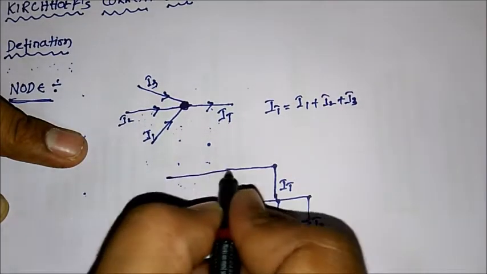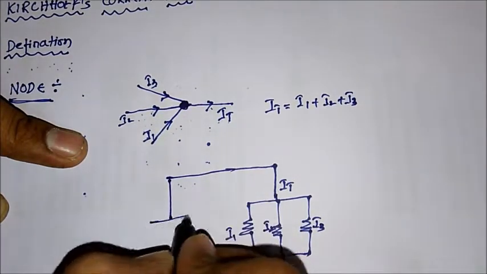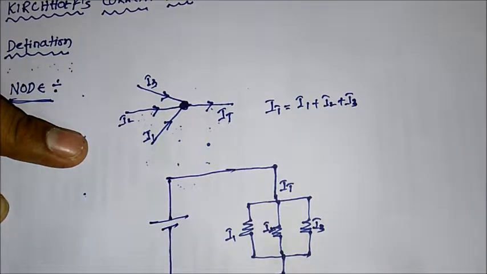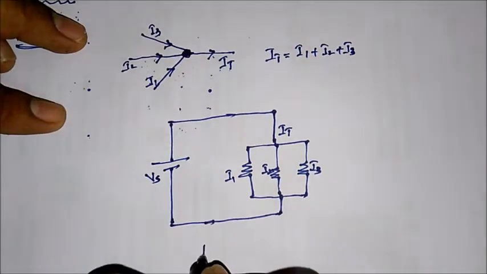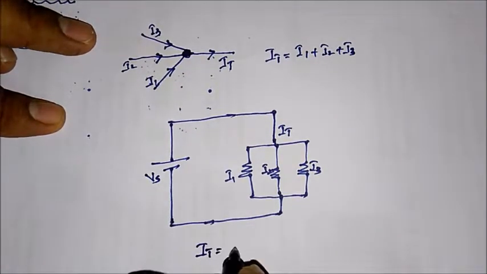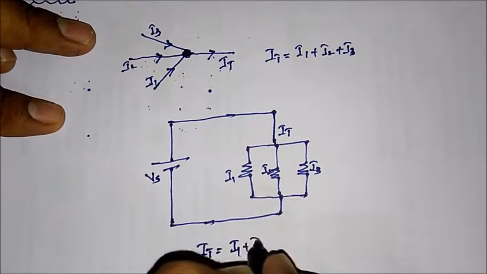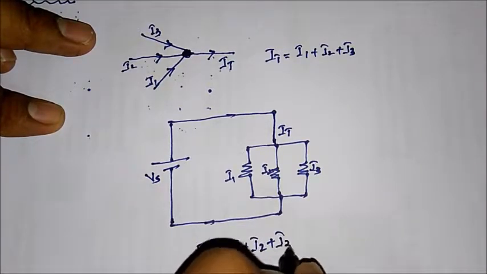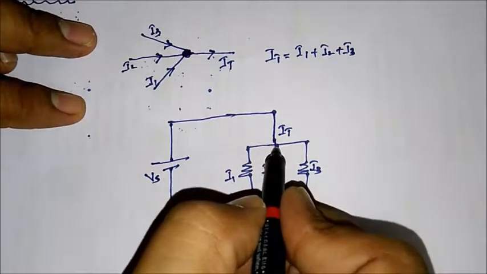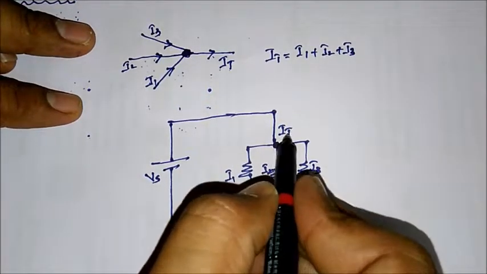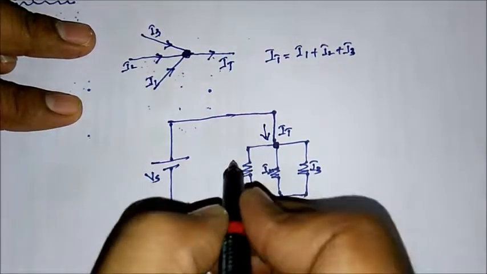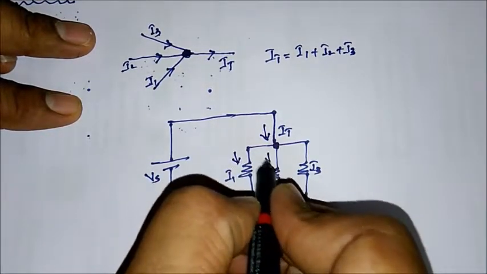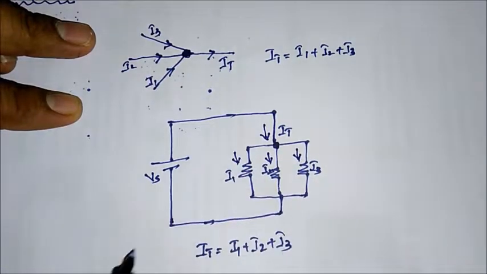This is connected to a voltage source Vs. According to Kirchhoff's current law, the total current IT is equal to I1 plus I2 plus I3. At this particular node, IT, the total current entering here, is equal to I1 plus I2 plus I3.